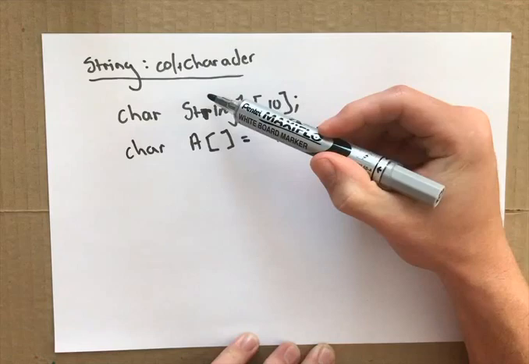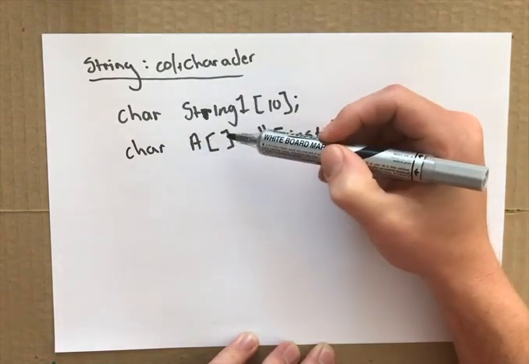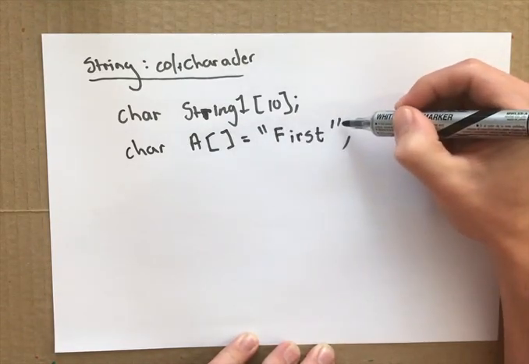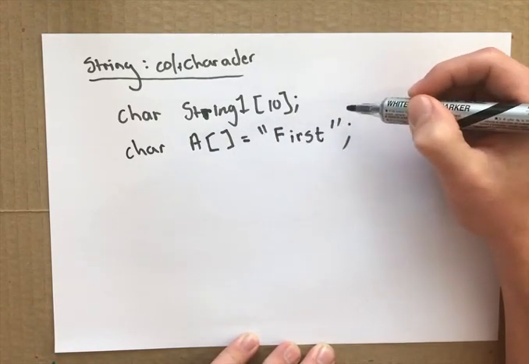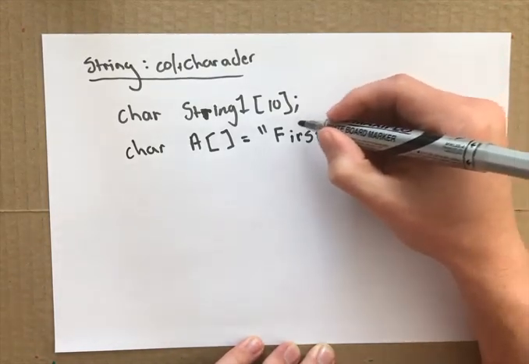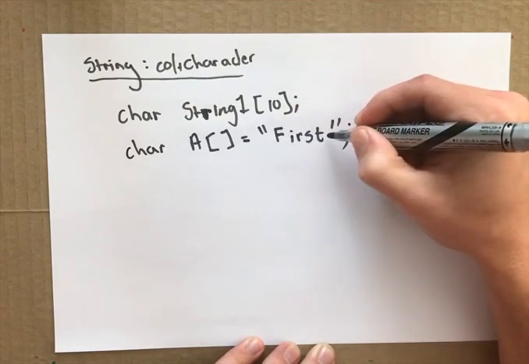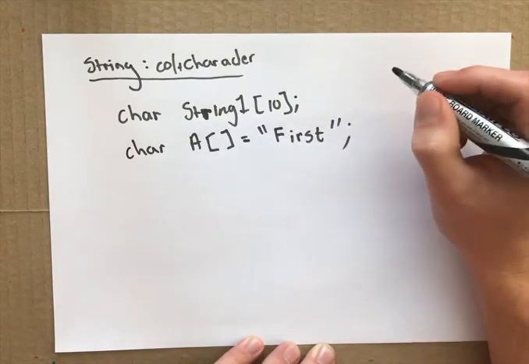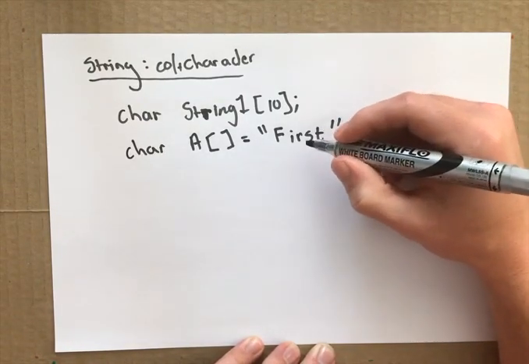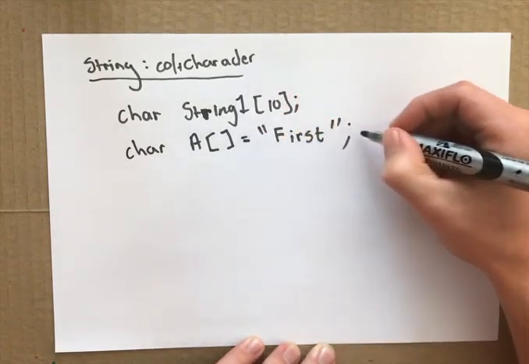So this is a string called A, or a char array, with a size of whatever is inside the double inverted commas. Please note that the total amount of characters is your size plus a special character. That's the difference between normal arrays and string arrays when we declare it in this manner.